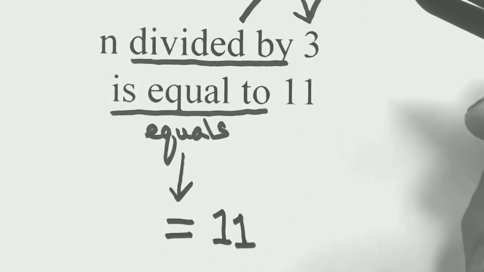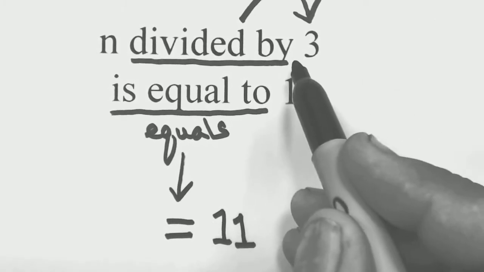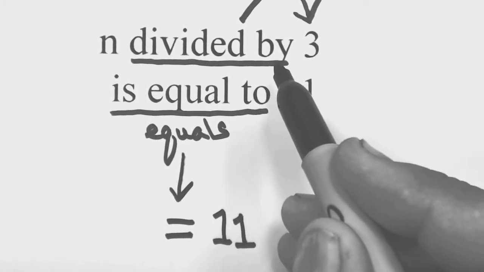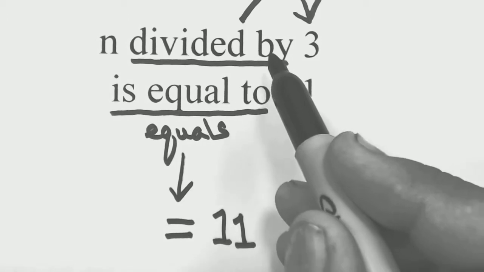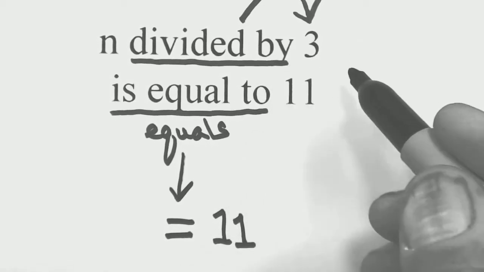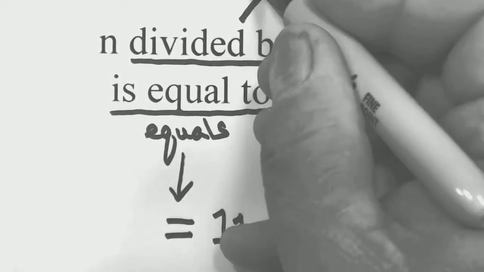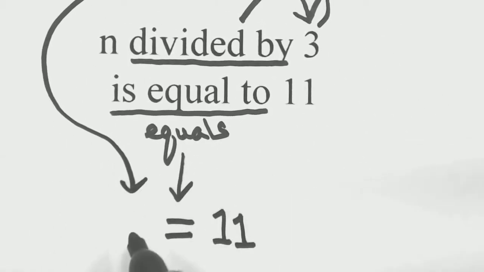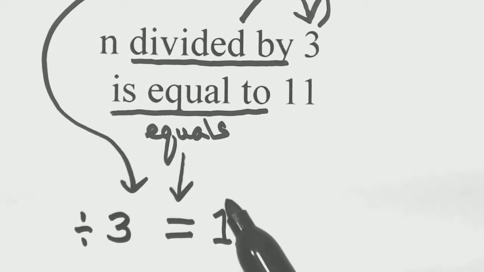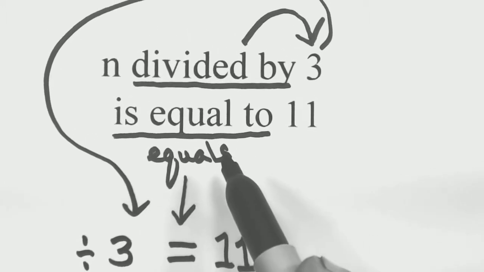We're dividing by 3. So remember, division you have to be careful with, just like subtraction. Whatever you're dividing by has to follow the division sign. So here we go, I'll make the division sign. We put the 3 in here. And what goes out in front?